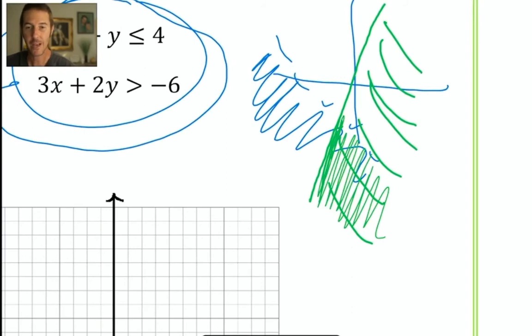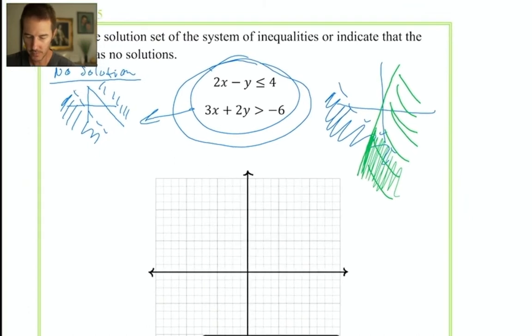It's just that region that I've sort of scribbled on a second time, where those two shaded regions overlap. That would be our solution. We wouldn't include this shaded region in our solution. We wouldn't include this one in our solution. Those would be absolutely blank. Don't even leave them lightly shaded when you present your final answer. Just the doubly shaded region. All right, so let's try this system.